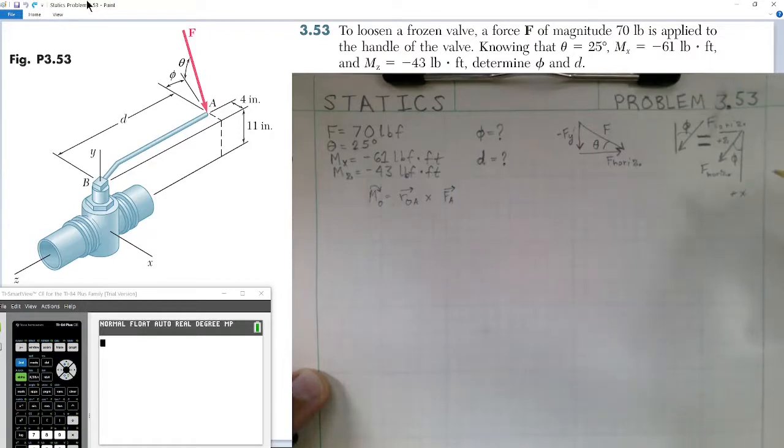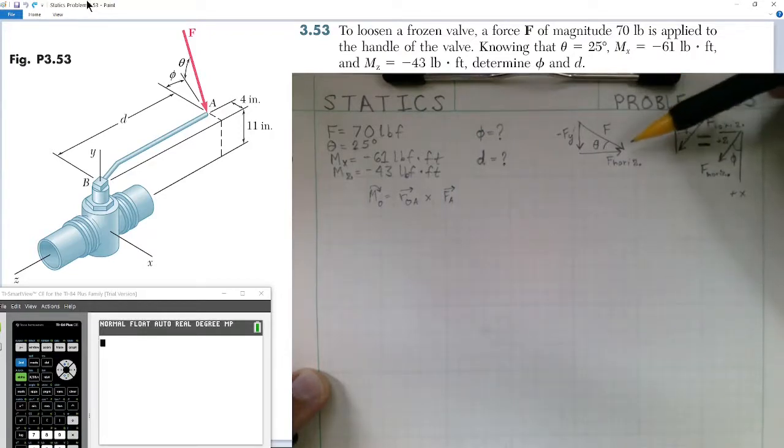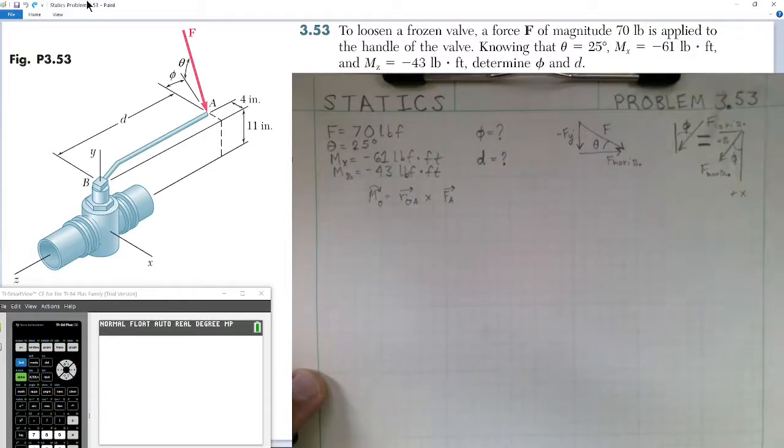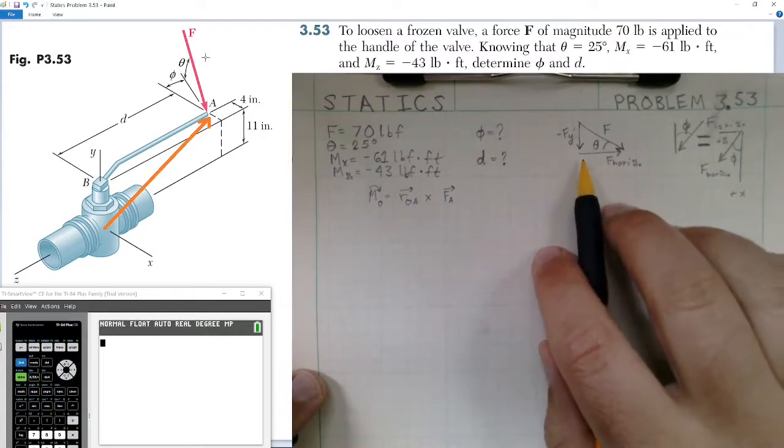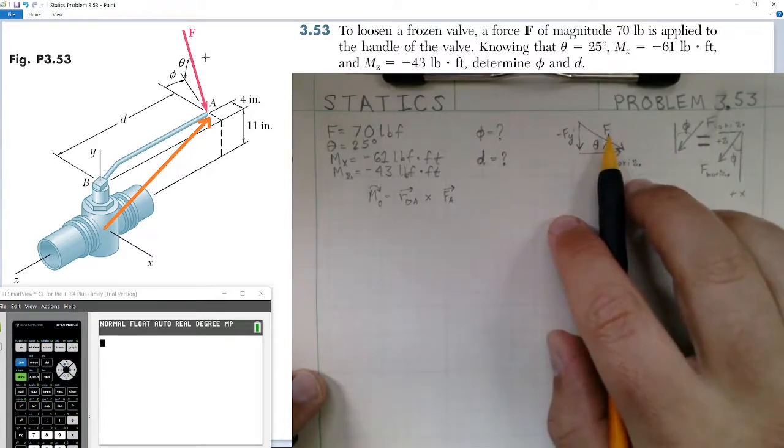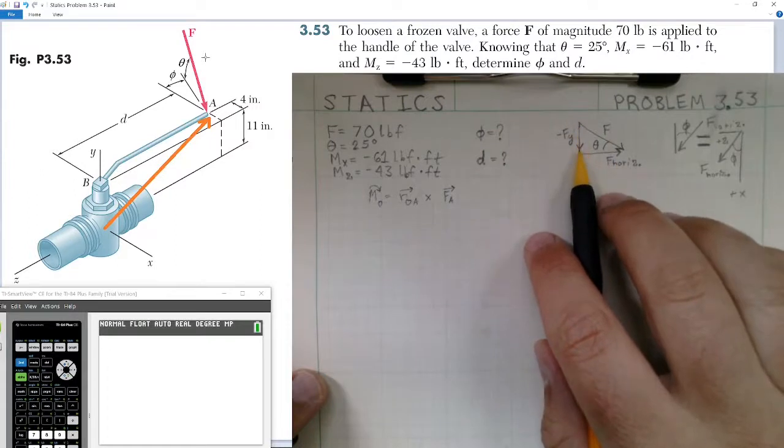Now I've gone ahead and drawn out a few diagrams to show how the force acting at A breaks down and decomposes into components. If we notice, looking at our position vector in orange on the diagram, at point A we have two angles affecting the components of the force F. So breaking this down into a 2D drawing, along the horizontal distance we have force in the y direction pointing down.